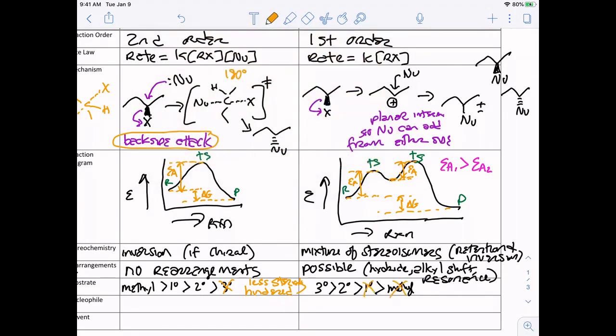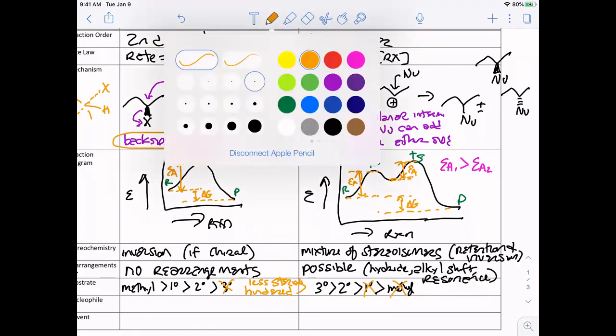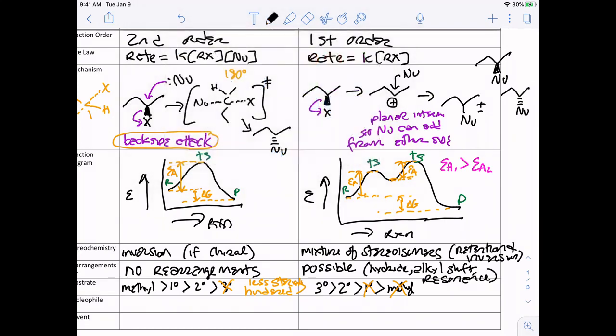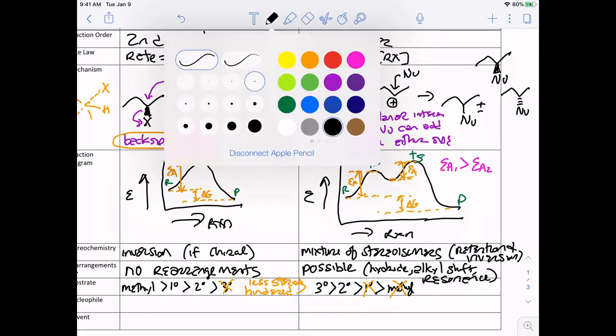Just do be careful. Something at first glance might look primary, but if you can do some sort of rearrangement, or if it's actually allylic and not primary, be careful. It's still going to go. So I'm crossing it out, but again, if you can make that intermediate more stable, then it's still a possibility.